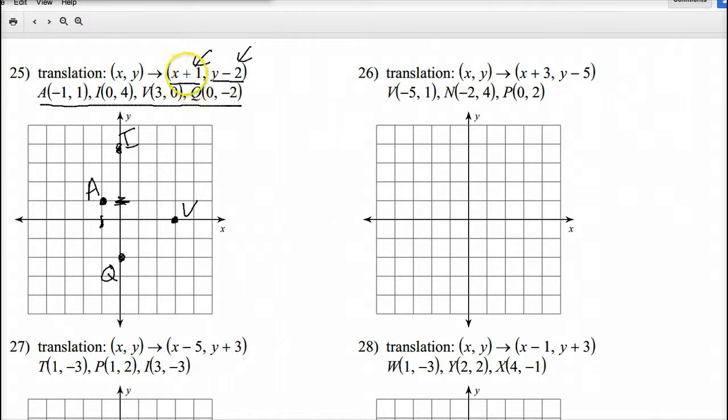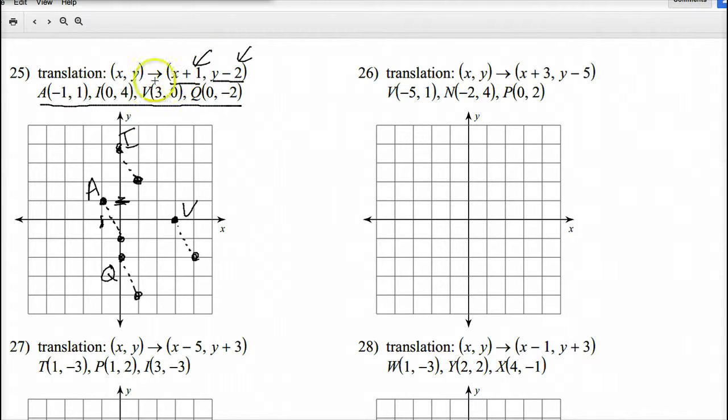Now it says we're going to move 1 in the X and negative 2 in the Y. So I'm going to go 1 in the X and negative 2 in the Y. So A comes there, I is going to go here, V is going to go here, and Q is going to go here. And I could have just looked at the numbers as well. You know, like negative 1, 1.